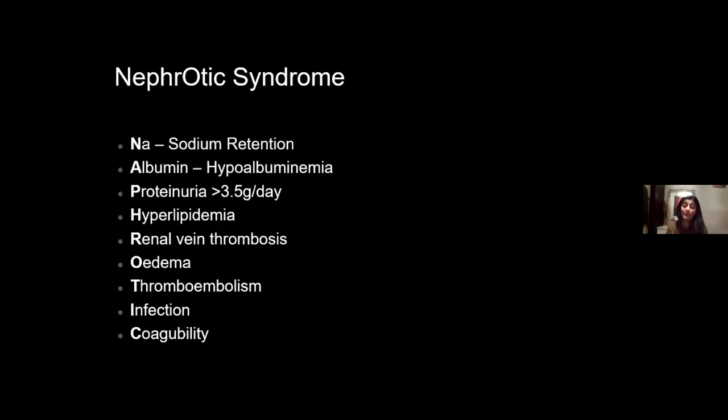And the hypoalbuminemia was due to loss of proteins and not being able to replace the loss adequately. Proteinuria, which we know about, the hyperlipidemia, which I spoke about as well, and thrombosis are also a complication. Increased risk of infections because we're losing all these proteins that help us fight infections, and increased coagulability.